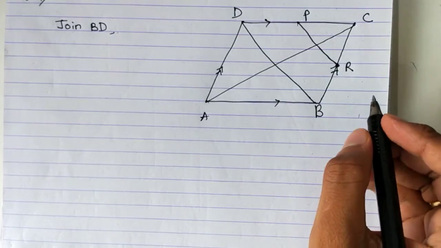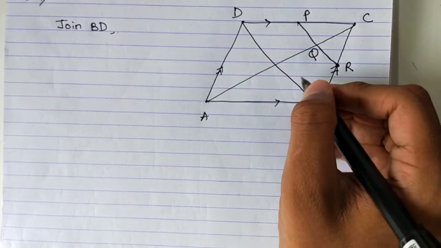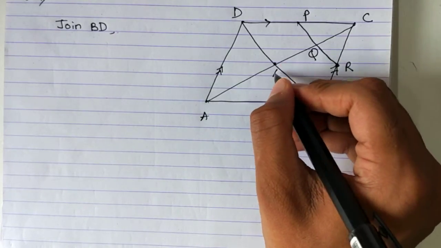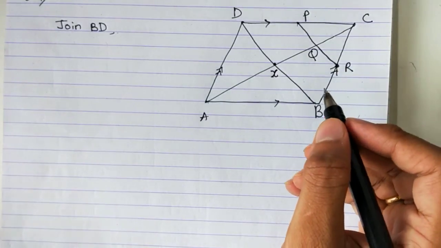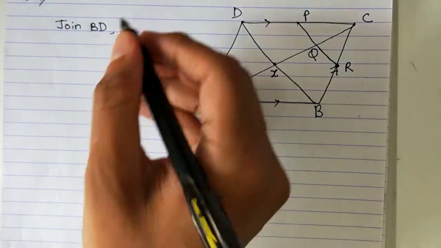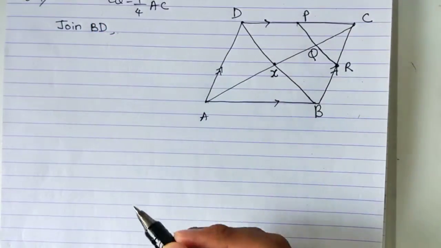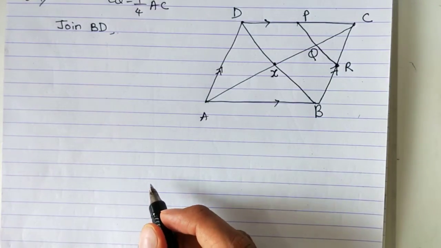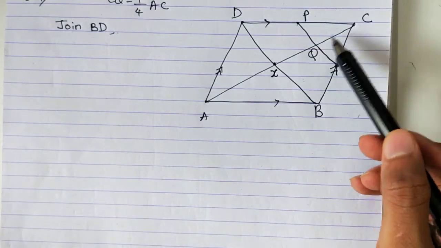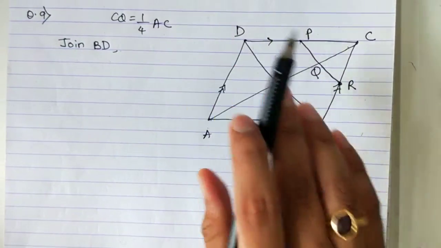In the question it is given that this point is Q and this point I will name as, let's say, X. And one more piece of information is given, that CQ is 1/4 of AC. This information is given in the question.